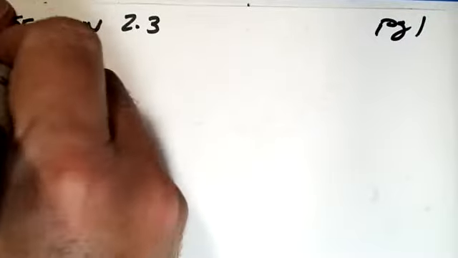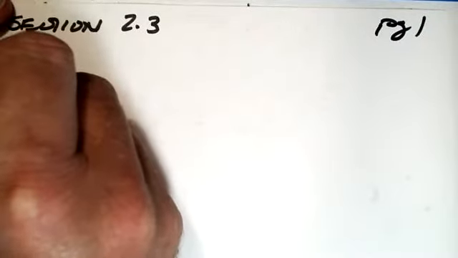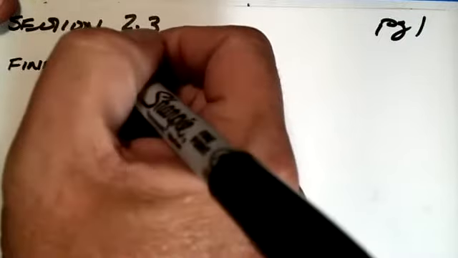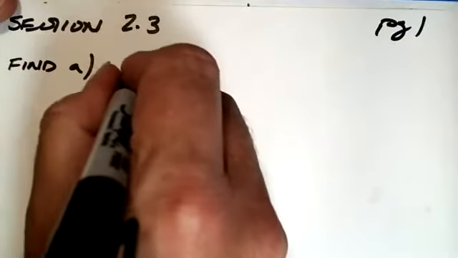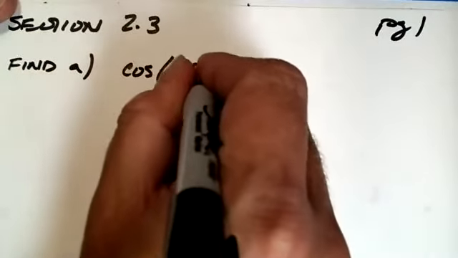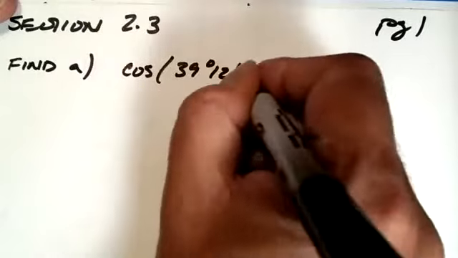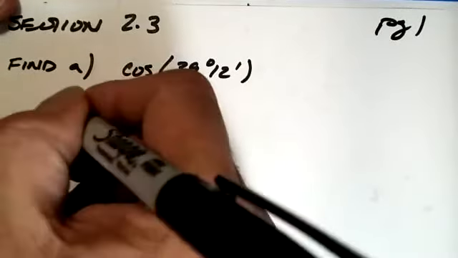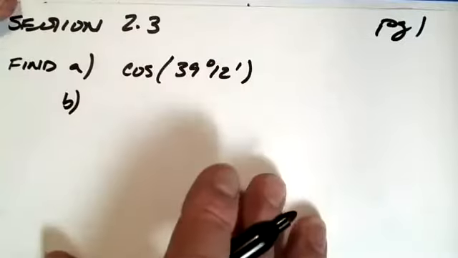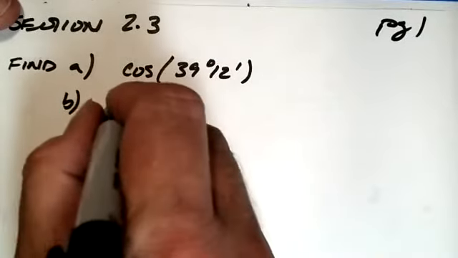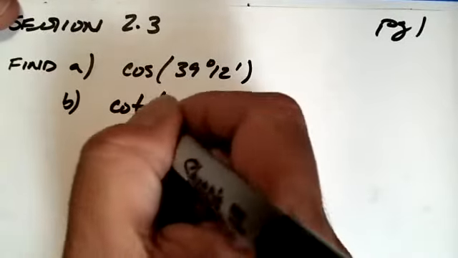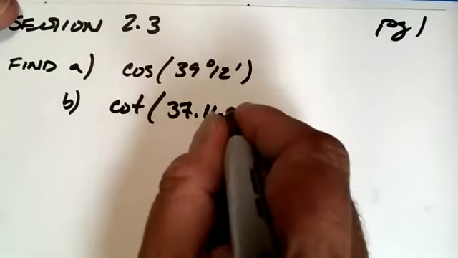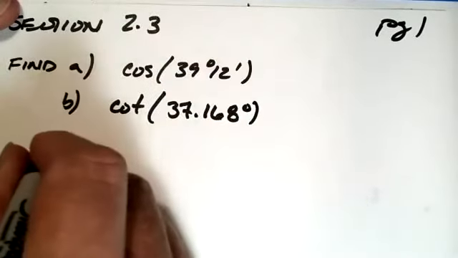So let's run through a couple of examples. Let's say find the cosine of 39 degrees, 12 minutes. How about the cotangent of 37.168 degrees?